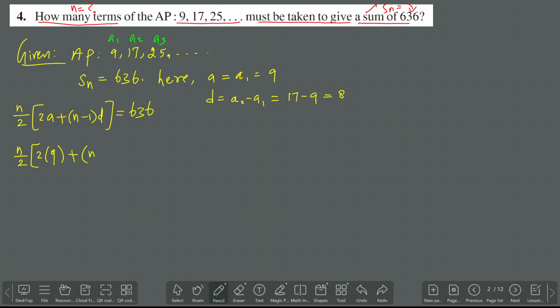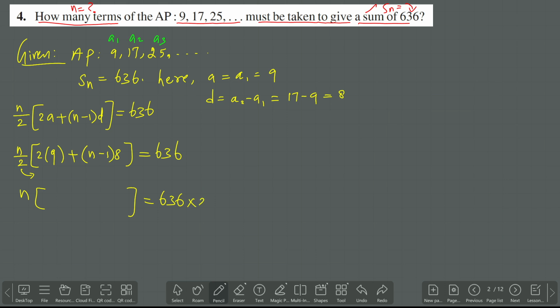So n by 2 into 2 times 9 plus (n minus 1) into d value 8, which is equal to 636. From the bracket you can take 2 commonly outside for cancelling, or else you can do it in the last. Now we'll do it in the last. Then this 2 you send opposite.